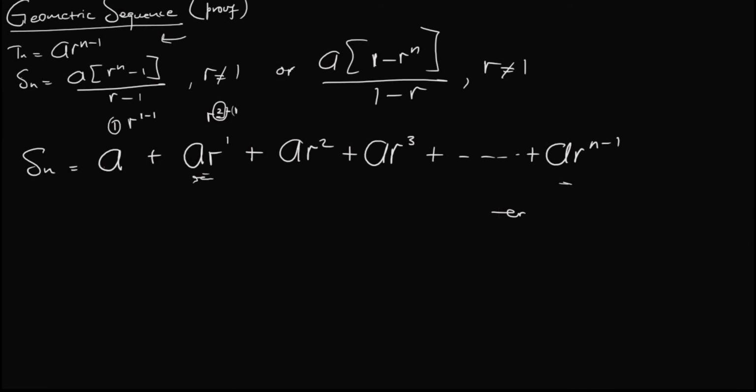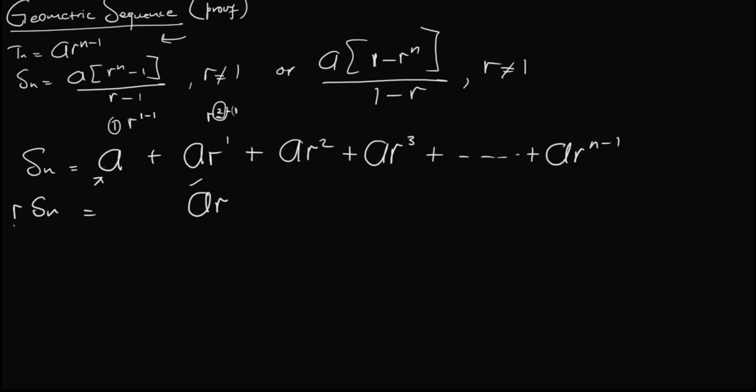I think that is out of the way, it's very clear. So let's look at what we do next. We multiply by r, so r times A gives you Ar.